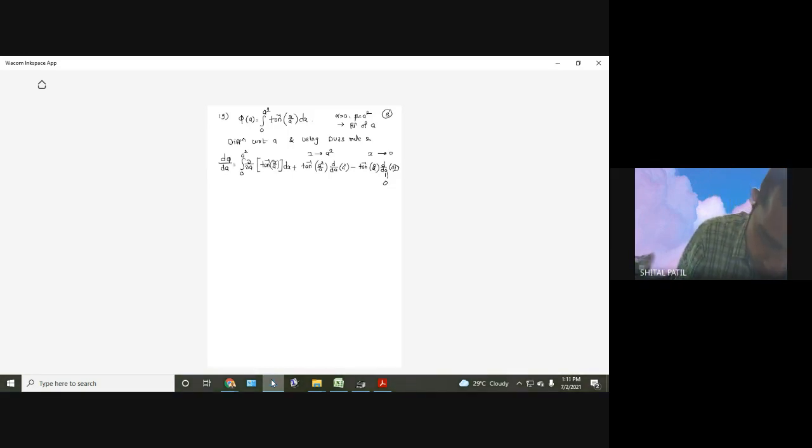Last term is 0. No change in the first term. Though we can differentiate in option, it is kept as it is. Derivative of a square is 2a, written here. That's it. 2a tan inverse of a. This is the answer.